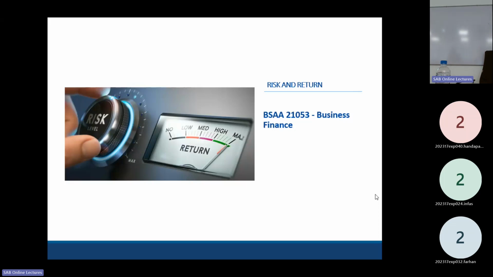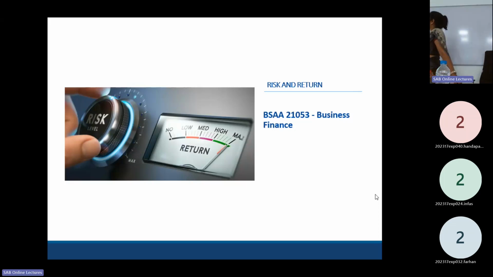So if you invest in the stock market, listed companies, your required rate of return should be greater than the interest rate you receive from the fixed deposit because of the high risk. Higher the risk, higher the expected return. Yes, you are perfectly correct. There is a positive relationship between risk and return.